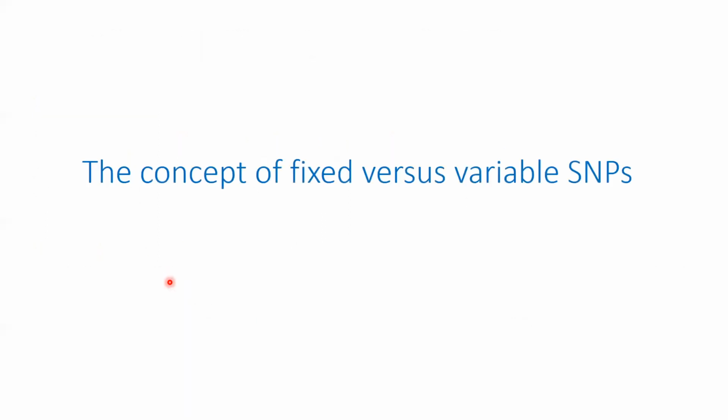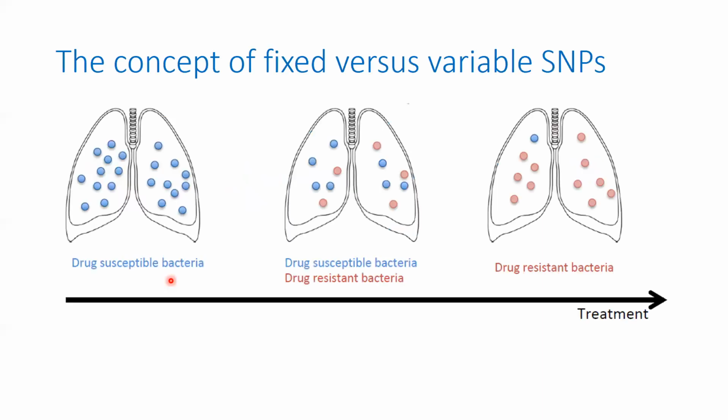I want to pick up on the allele frequency information and discuss with you the concept of fixed versus variable SNPs, which is something I'm pretty sure you will hear more and more about. So, what are fixed versus variable SNPs?